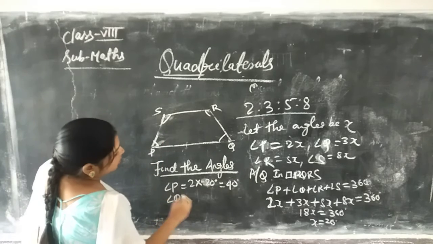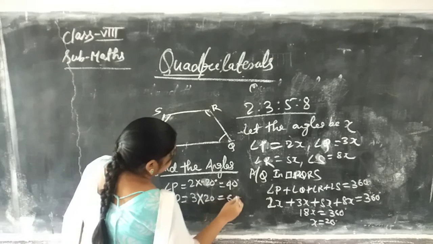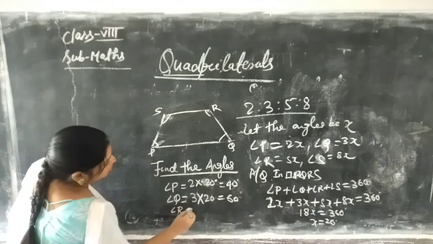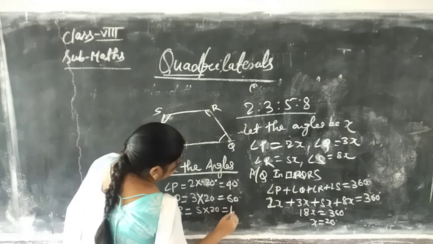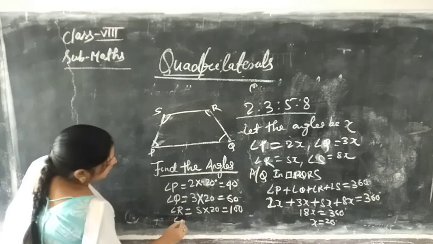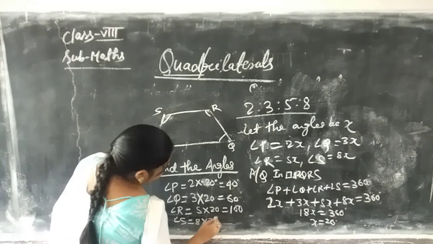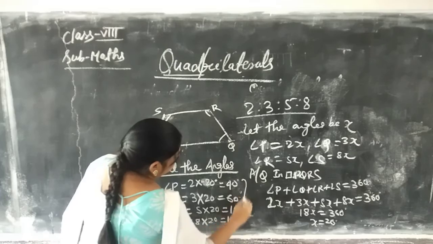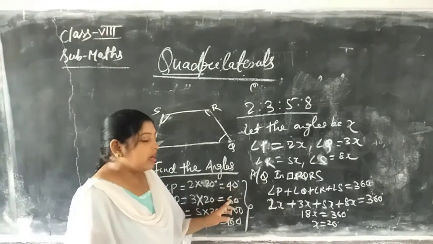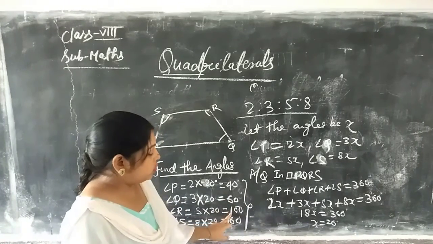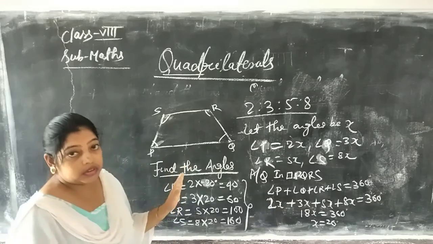Angle Q is 3x, so 3 into 20 is 60 degrees. Angle R is 5x, so 5 into 20 is 100 degrees. And angle S is 8 into 20, which is 160 degrees. Adding all these angles, 40 plus 60 is 100, 100 plus 100 is 200, and 200 plus 160 gives 360, the final value. All the values are correct for this question. Thank you.